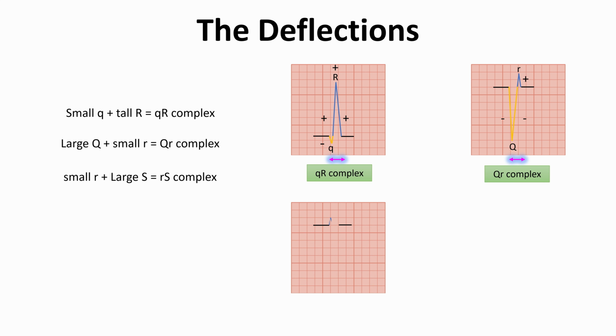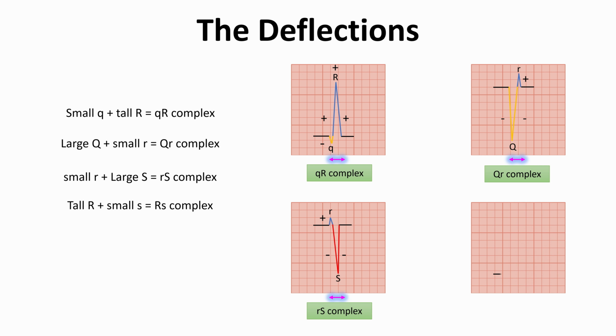Similarly, a small r followed by a deep S is termed as rS complex, while a tall R followed by a small s is termed as Rs complex.